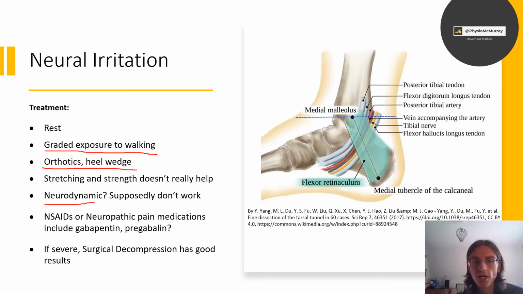There's a treatment called neurodynamics where essentially you're trying to move the nerve up and down its course, like the sheath it's in, to try and release adhesions. So one way you can do that is by stretching. So imagine this is the nerve here, and you've got one end here, and you've got another end here.